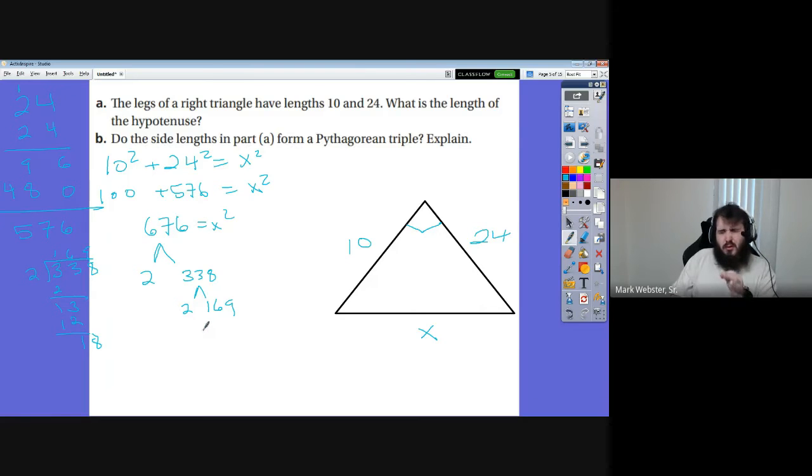No 2. 3 does not go in. 4 doesn't, 5 doesn't, 6 doesn't. 7 does not. 8, 9. Let me try 13.